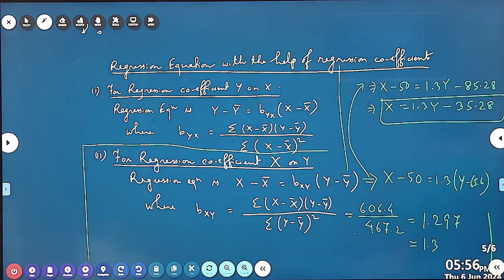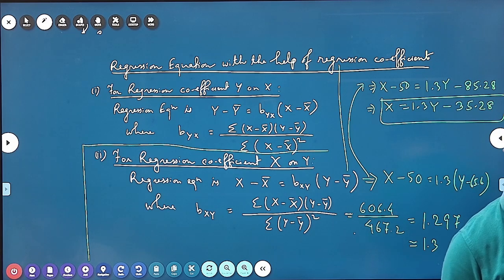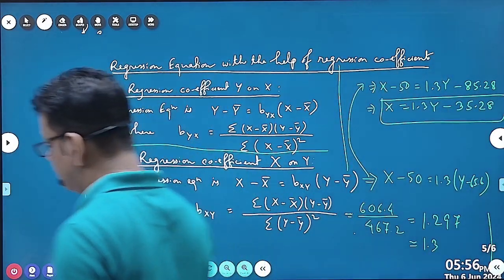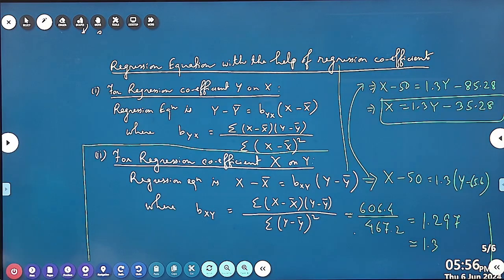Done? Now the last formula I give, which is the standard error of estimate. An easy direct question, a direct formula, you only need to write the formula. All the values are found here already.